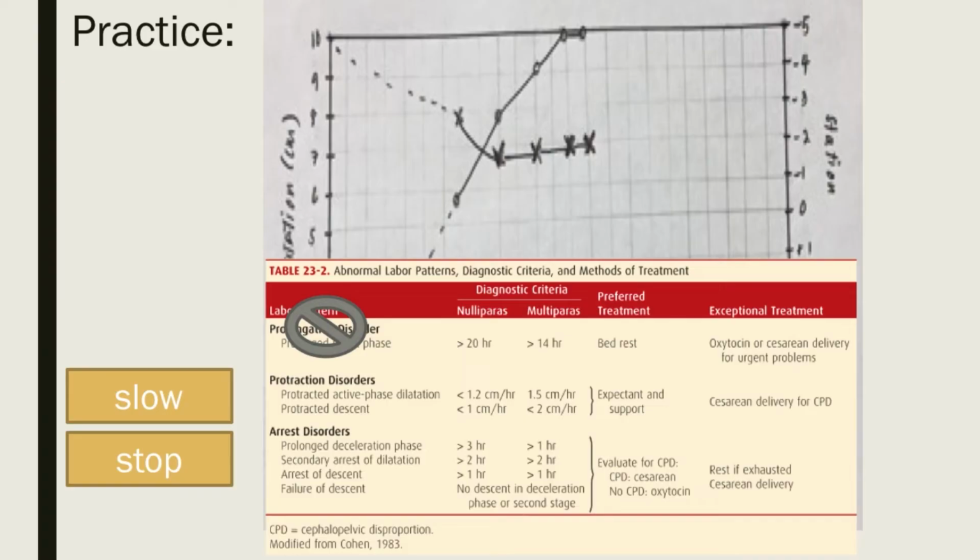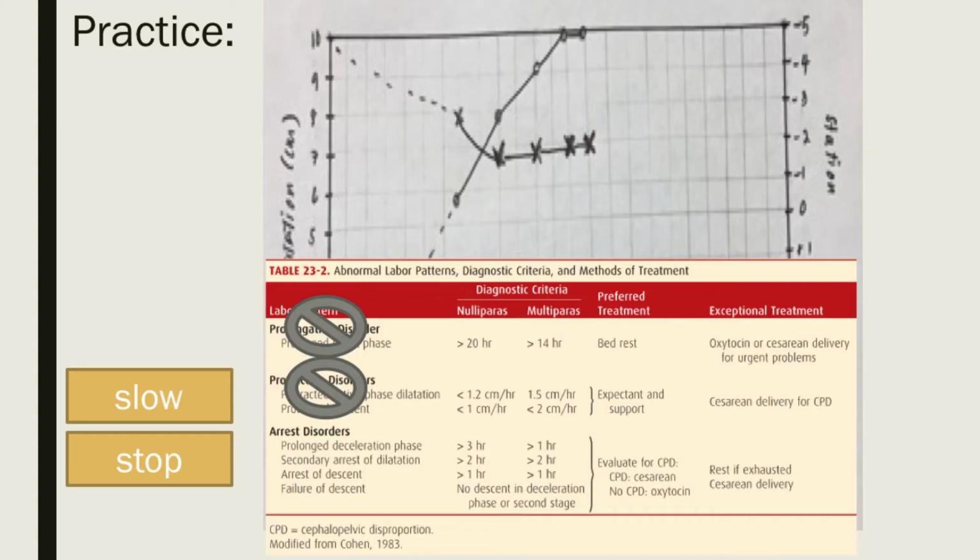Now, let's go back to our curve. Is this a protracted labor curve or an arrested labor curve? Well, obviously, the labor is not abnormally slow, and you see here that there is some arrest that went on with the descent curve. So it's easy now to rule out a protraction disorder.